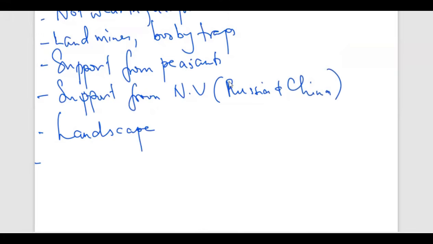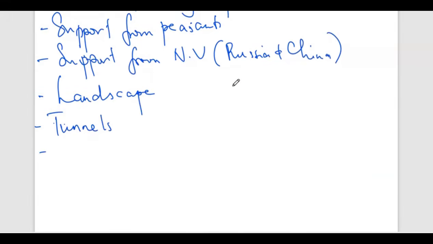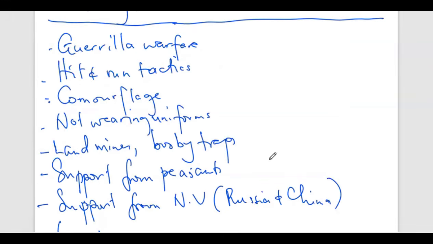And also, these Vietnamese made use of tunnels in the war. And later on they changed their tactics. They used the Tet Offensive. If we look at these tactics, these are some of the non-conventional tactics that were used by the Viet Cong.